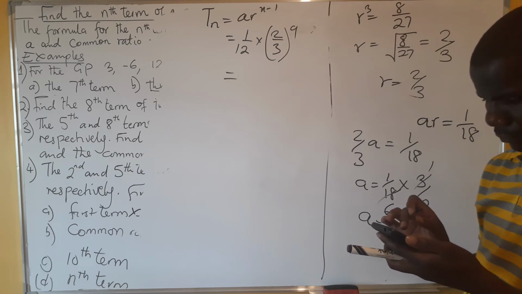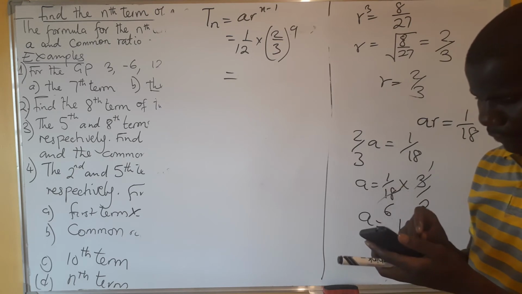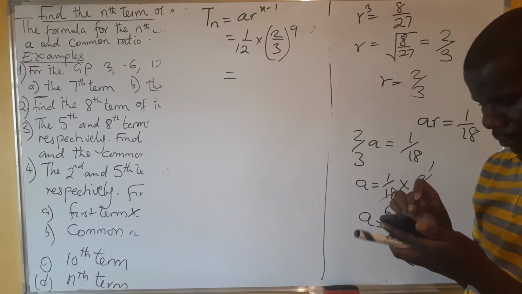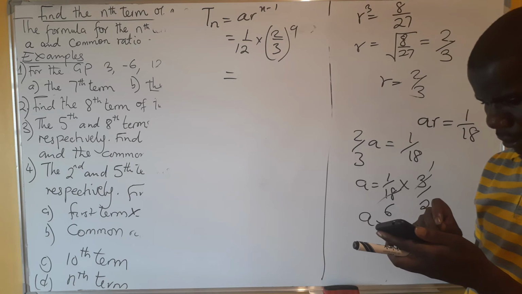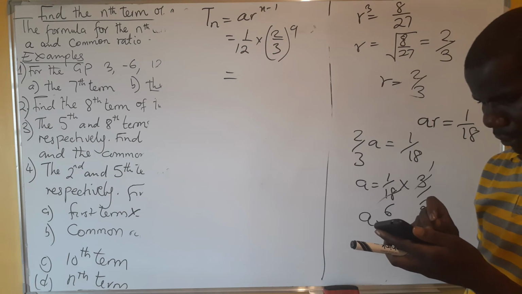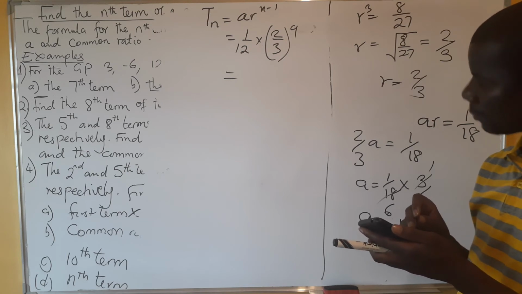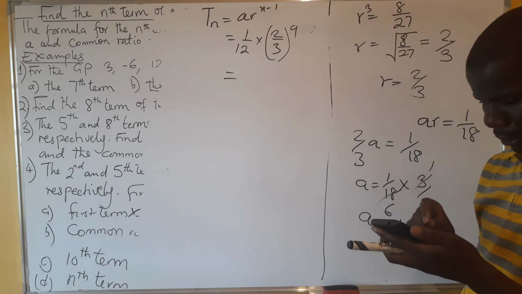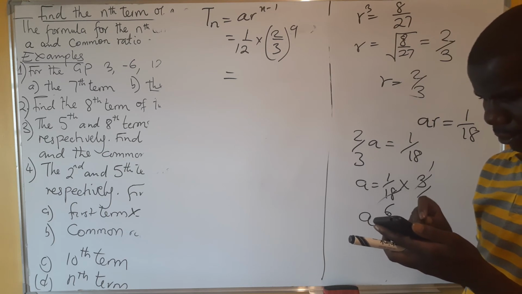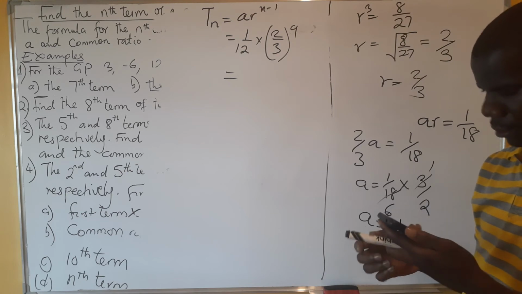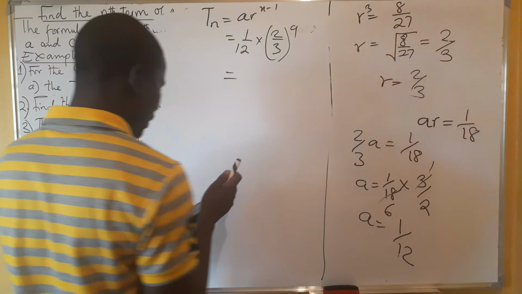So we are saying we have 1/12 multiplied by another part, which is 2/3, close brackets, raised to the power, and there we put what? 9. Okay, so what are we getting?